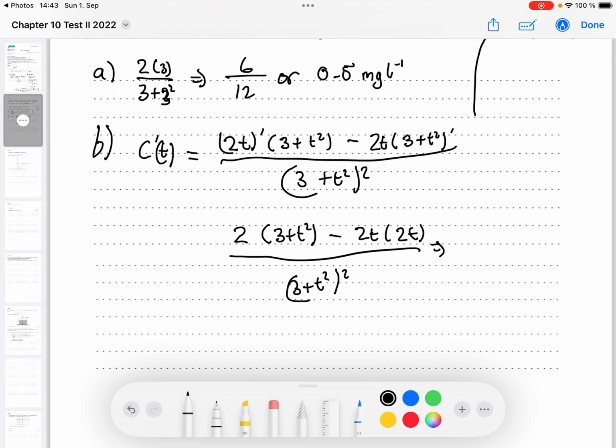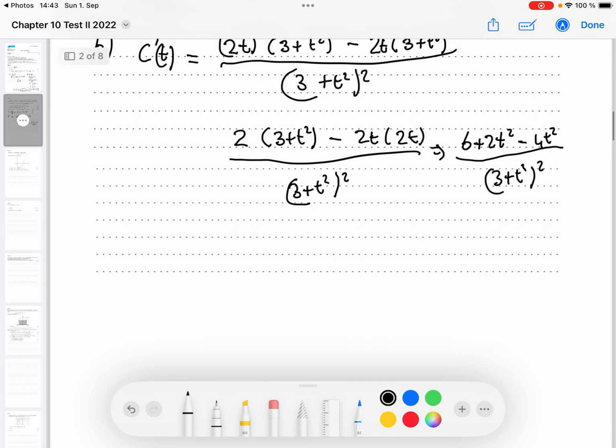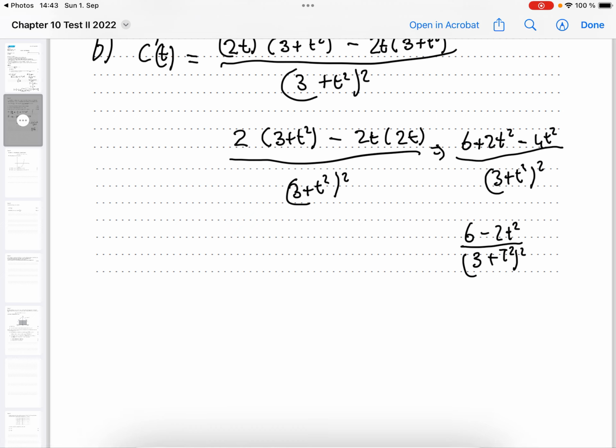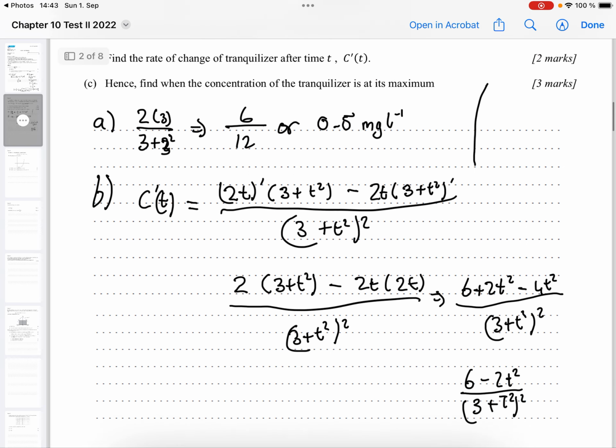So now, expanding the brackets, we get 6 plus 2t squared minus 4t squared, all divided by (3 plus t squared) whole squared. So now all we have to do is simplify this, which gives us 6 minus 2t squared all over (3 plus t squared) squared. So that's part B done.